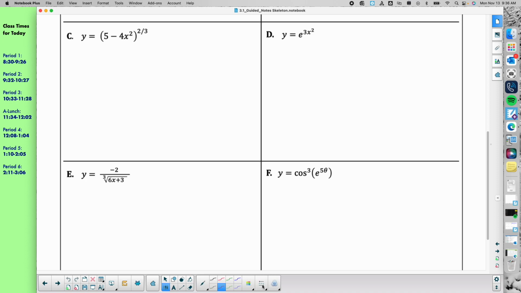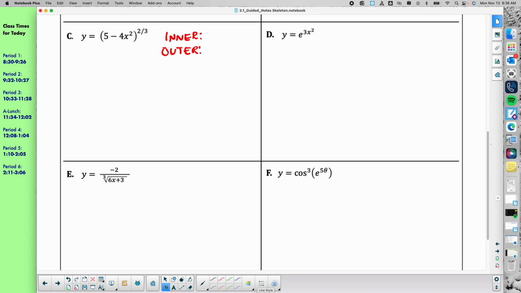Trevor, I was hoping you could tell me what we would call the inner function and outer function. X to the 2/3 would be the outer function. Perfect. And the inner would be 5 minus 4x squared. Excellent.